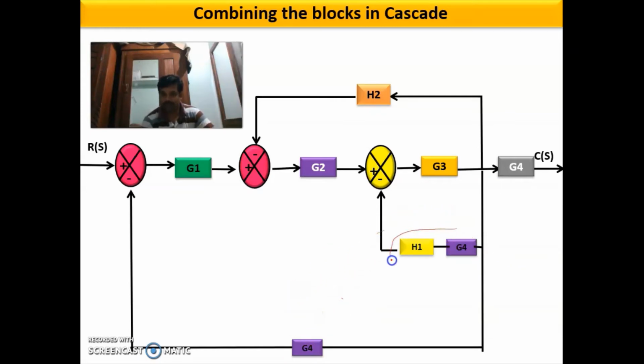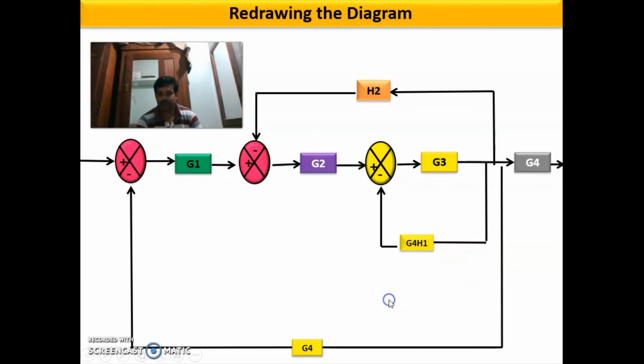Now these two blocks, G4 and H1, are in cascade. So I can combine these two blocks into one block whose gain is nothing but G4 into H1. Now I have combined these two blocks into a single block.